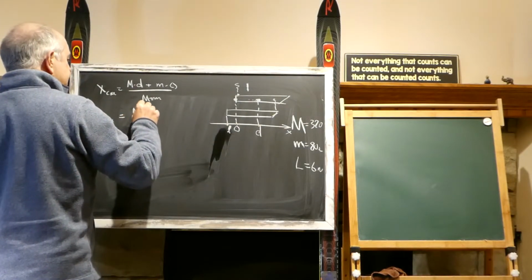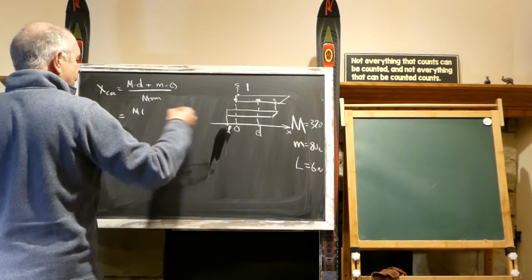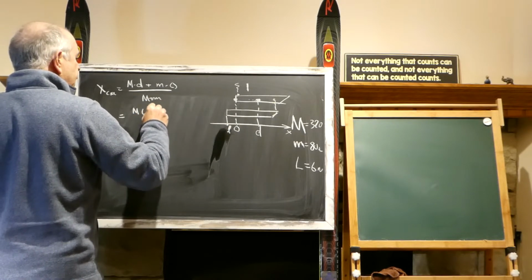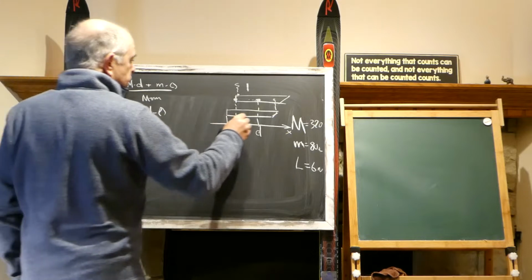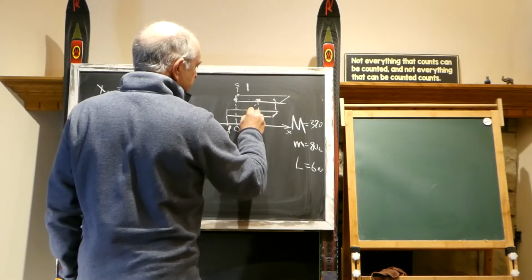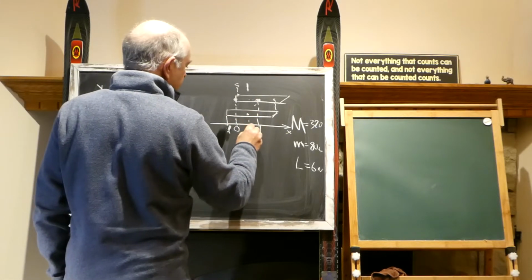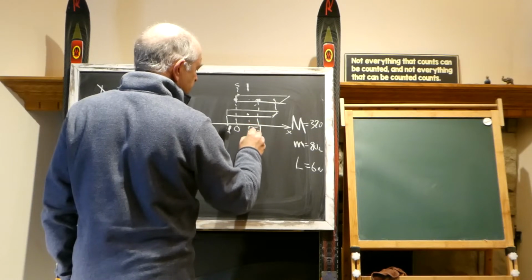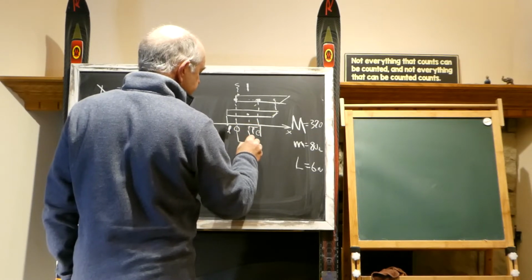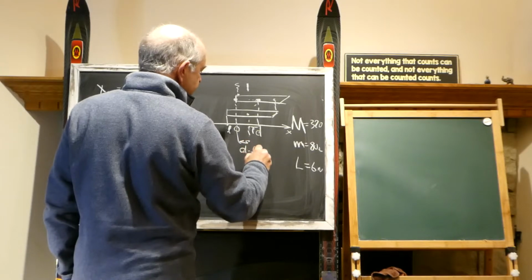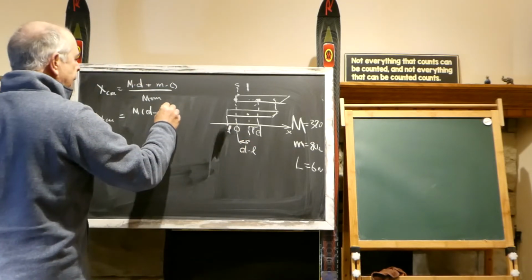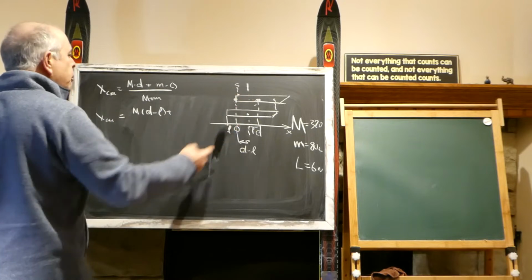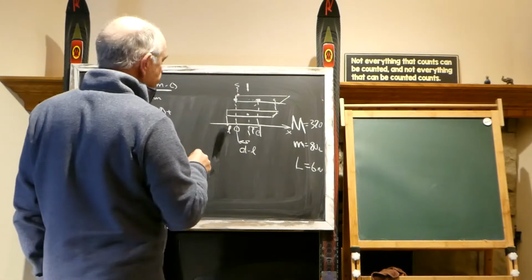So the center of mass of the boat after everything moves L back would be D minus L, because the boat moved, and this distance would be L, and so this distance would be D minus L. So D plus, with the human it would be different.